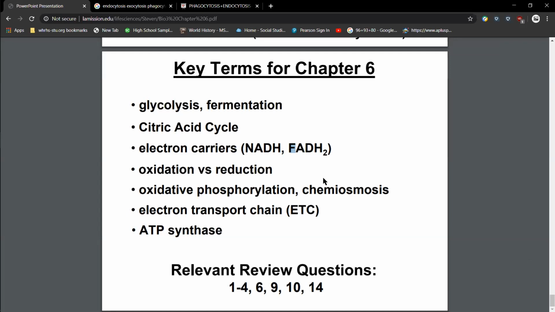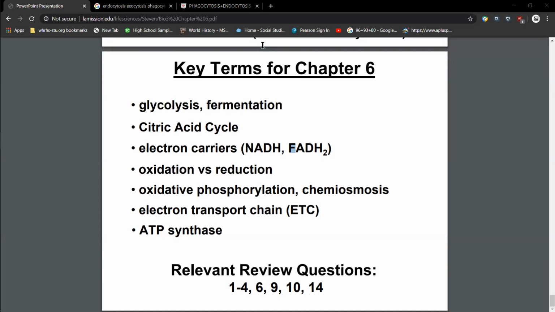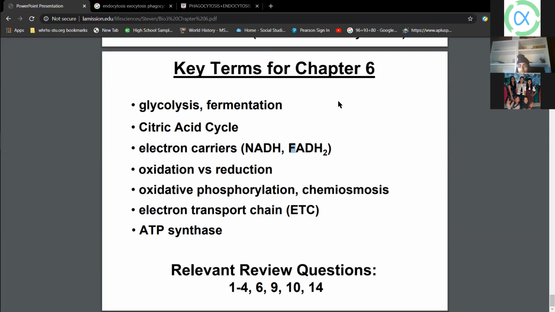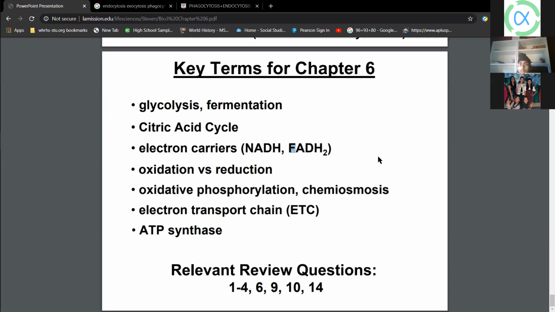So chemiosmosis, you can remember as the hydrogen gradient that moves through the ATP synthase, which will create ATP from ADP.